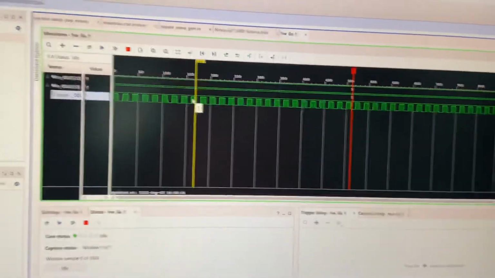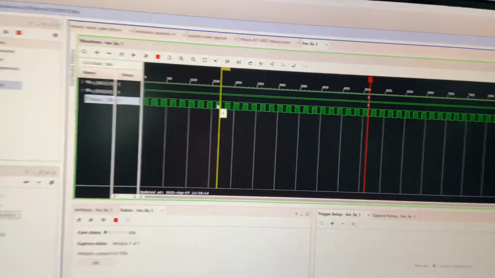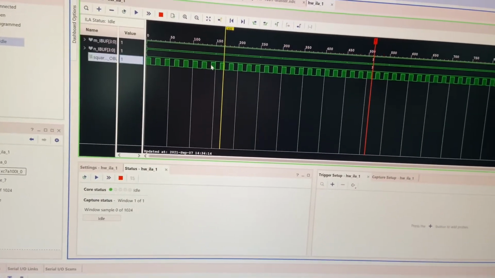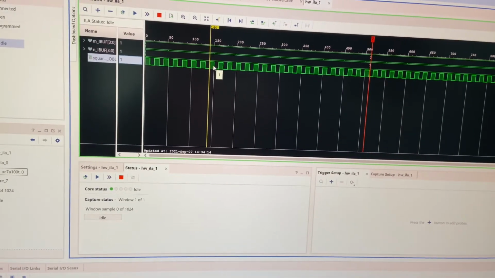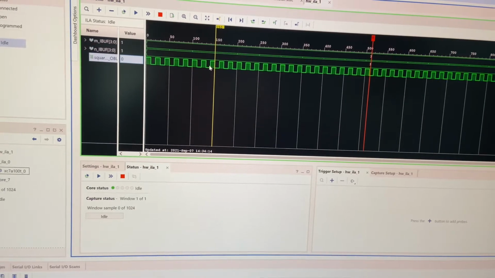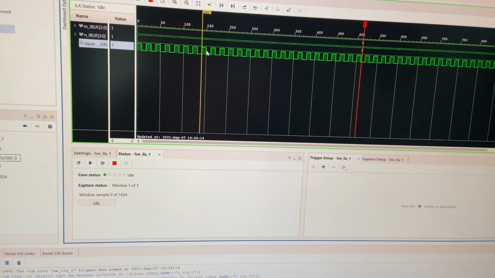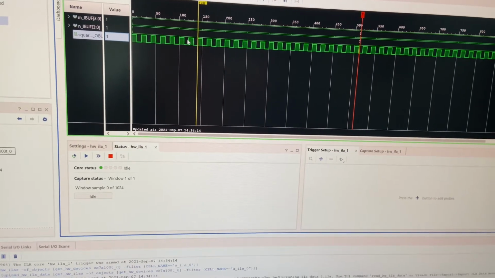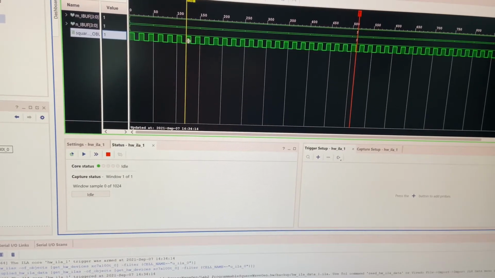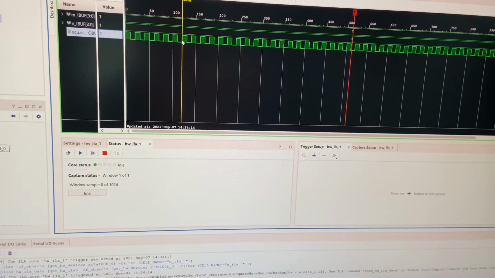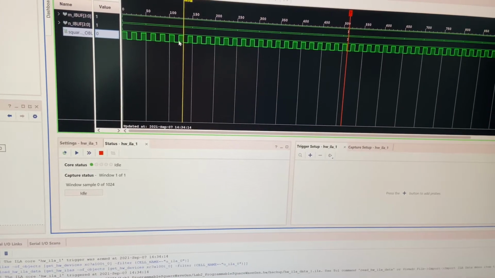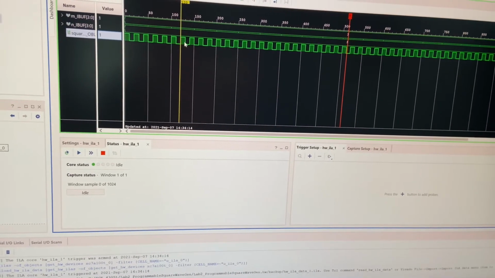Now the ILA in Vivado will only count the number of clock ticks. So here it says 10, but that's based on the input clock. This is actually supposed to be 100 nanoseconds, but it only says 10 here, so we don't really have to worry about that.